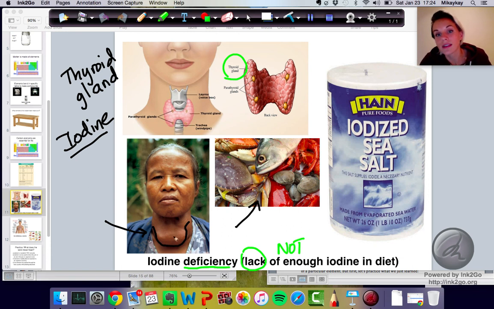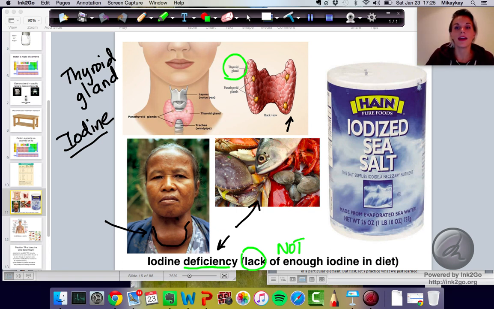The reason it's enlarged is because their thyroid gland gets bigger, like a swollen thyroid gland. It's a pretty serious condition, and that comes about when people don't have enough iodine. And this happened in the United States in the early 1900s.